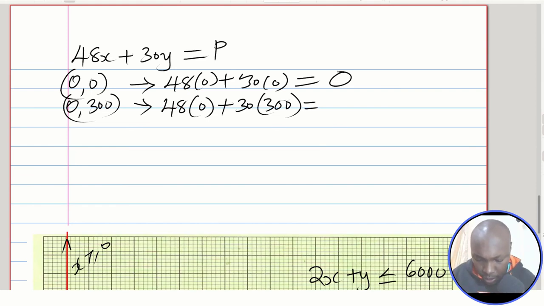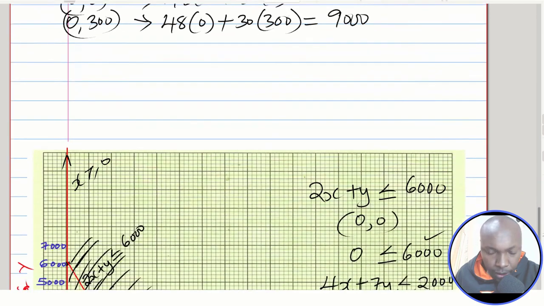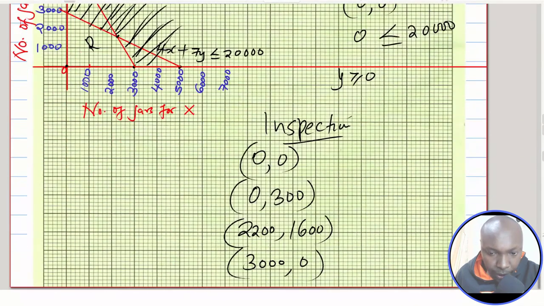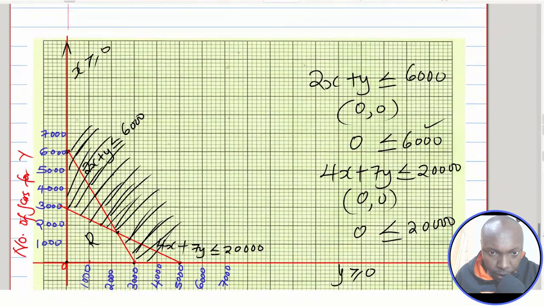Working out this one very fast using a calculator, this one will just give 9,000. Very easy. Then the other point that you need to inspect is 2,200, 1,600.